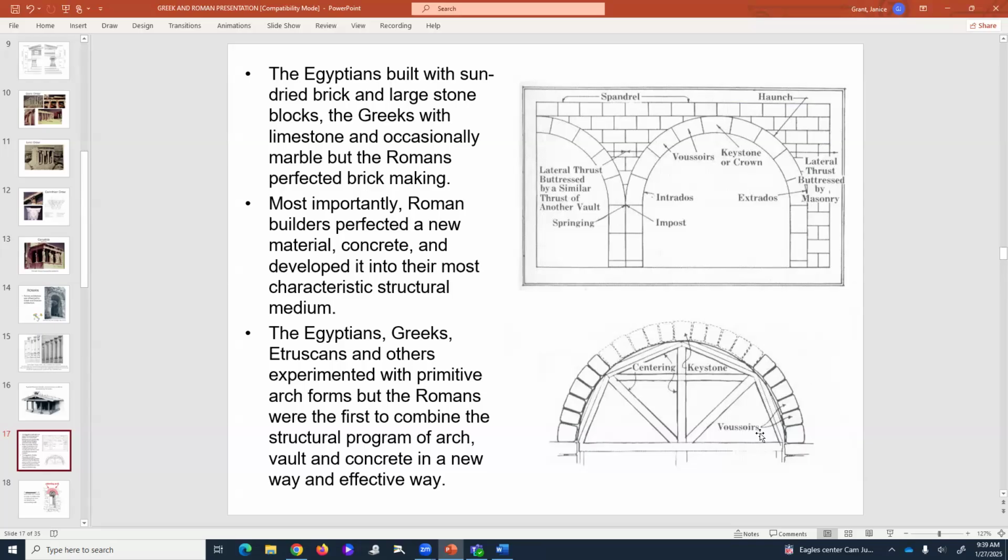We have this material, and these are some of the questions on these 26 questions. The centering was the wood forms that were used. Most of us know from life that the top middle stone was called the keystone.